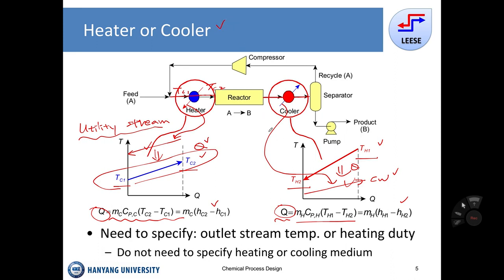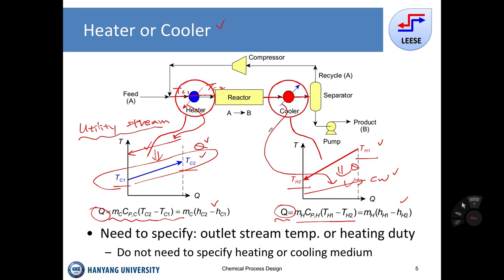Why do we do these things? In the early stage of process design, we do not know how we can provide the heating and the cooling for the process. We don't know how much steam is available. We don't know what the temperature would be for the cooling water in some cases. We don't know whether we can produce steam at 200 degrees C. It's not clear at some point until the final design is done.